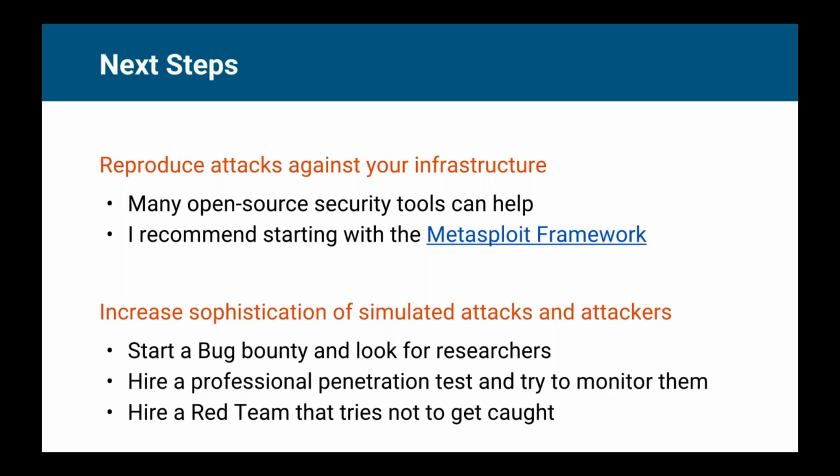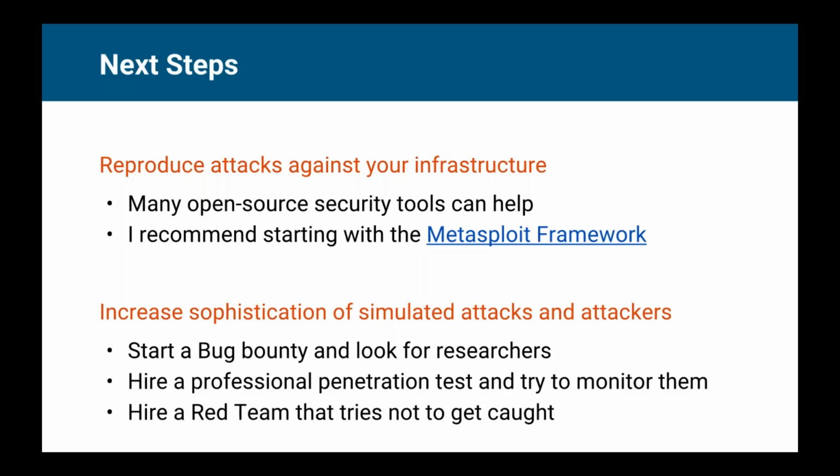Metasploit framework is great for this, and especially the high profile attacks and breach scenarios that are published, try to replicate them on your environment so that you can ensure that your continuous security pipeline is able to detect and respond to this. And as you increase the sophistication of the simulated attacks and the attackers performing them, you can increase the sophistication of your pipeline in step.